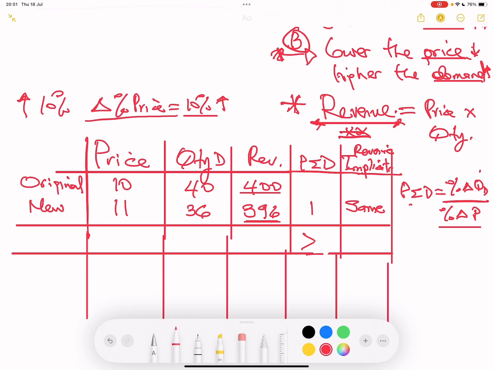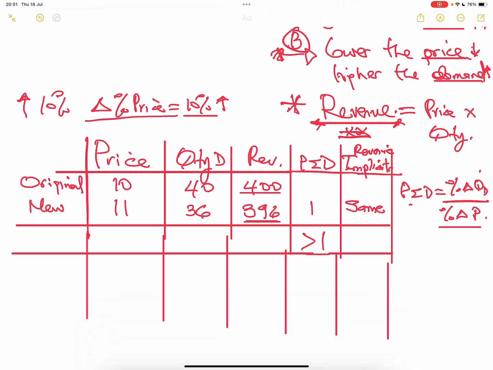I'm sure you agree with me. So percentage change in quantity demanded is more than percentage change in price. Let's keep our percentage change in price fixed at 10%. We're not changing it. But let's say the percentage change in quantity demanded will be like 15%, because for this to be greater than 1, it has to be more than 10% change in quantity demanded.